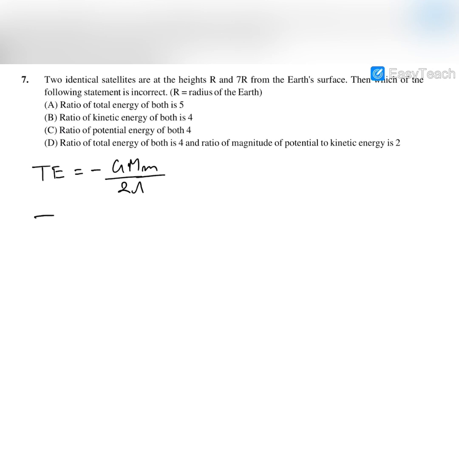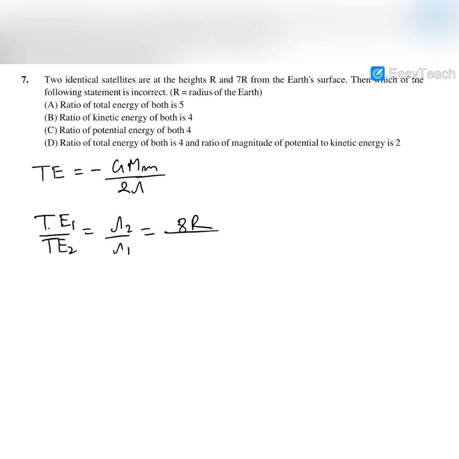So TE1 upon TE2 will be equal to r2 by r1, and this r2 will be equal to 8R, because the height of the second satellite from the surface is 7R, so its distance from the center of Earth is 8R.